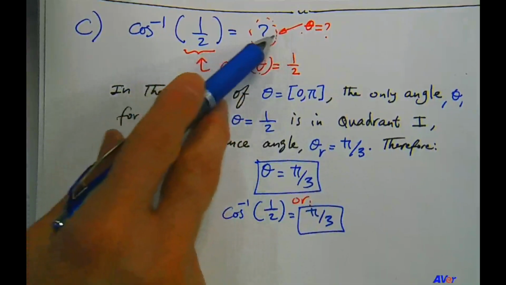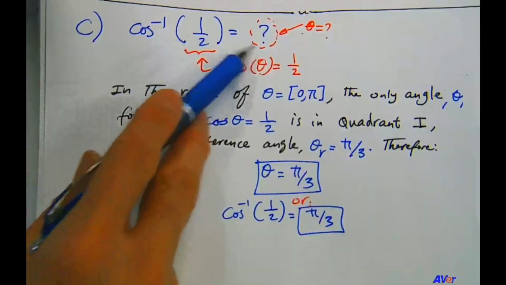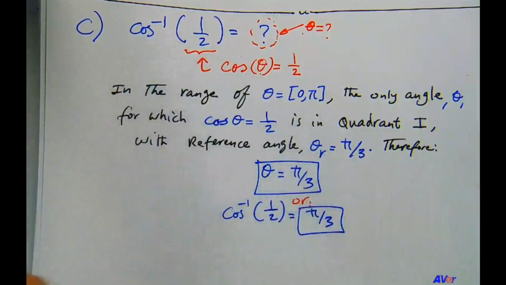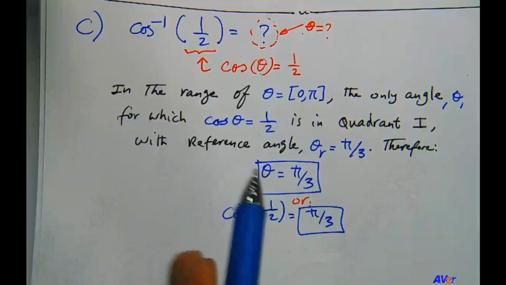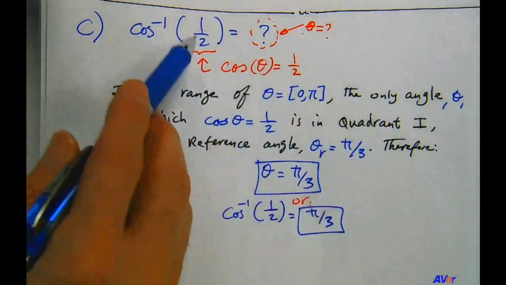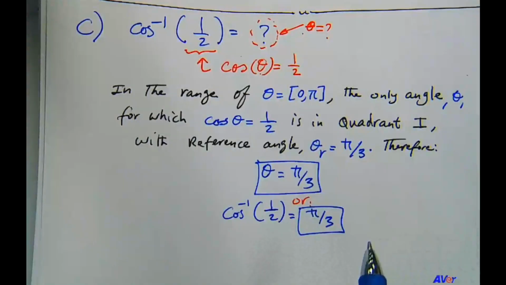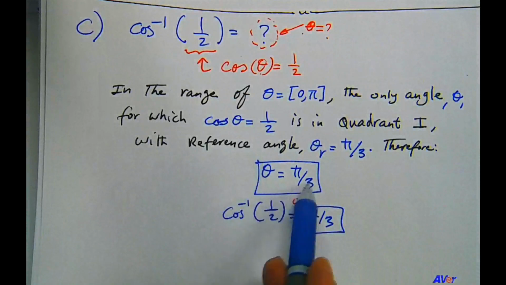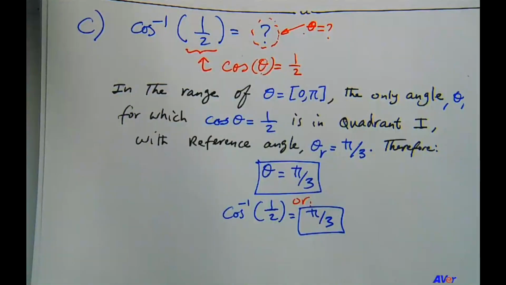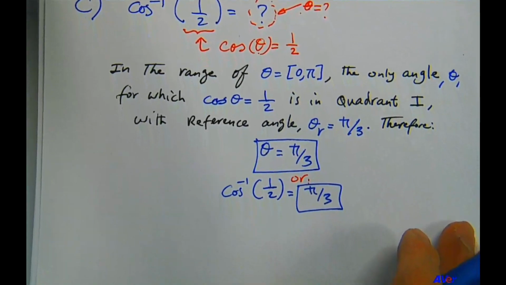In this case, this is clearly in the first quadrant, because the only quadrant where the cosines are positive is the first quadrant. So we know the reference angle is going to be the actual angle we're looking for. Okay, I thought I mentioned that as we went through these things.